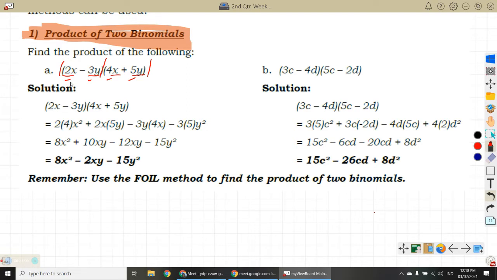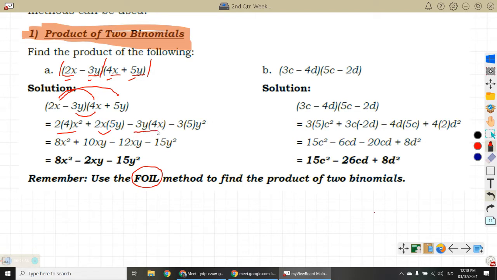If they are different, you can use what we call the FOIL method. The solution shown here is the horizontal method. Let me show you. 2x times 4x is 8x squared. 2x times 5y. Negative 3y times 4x.